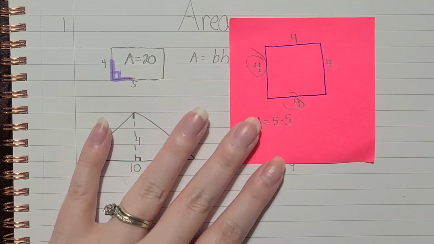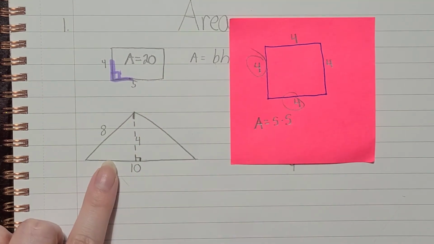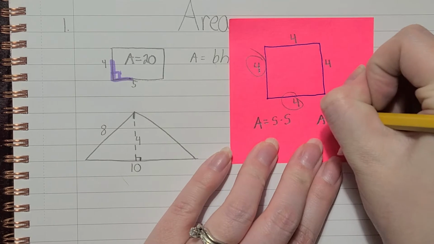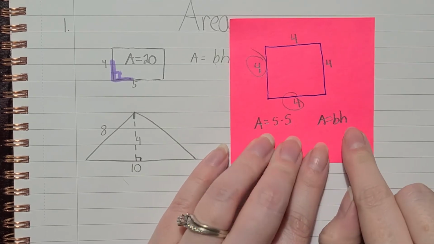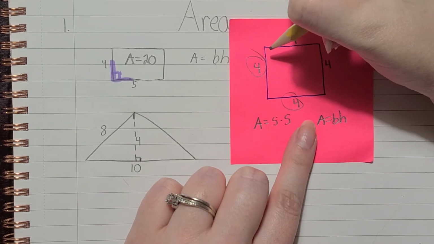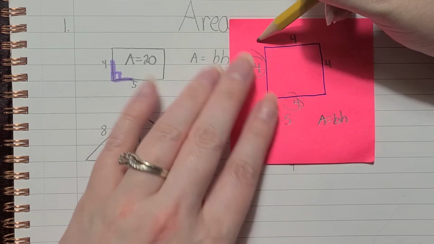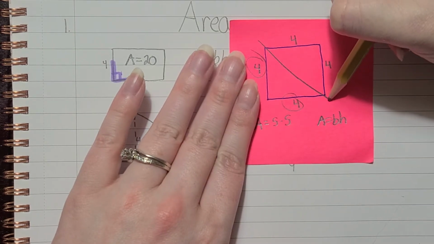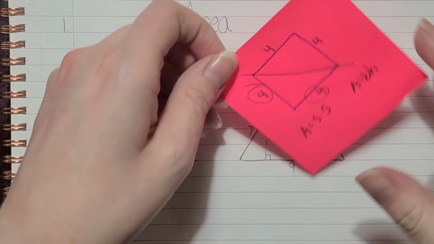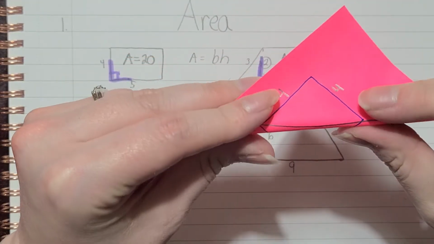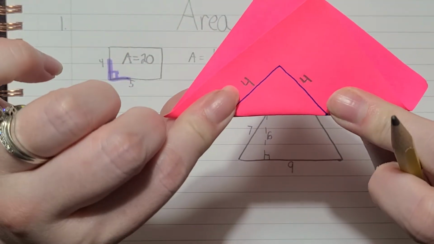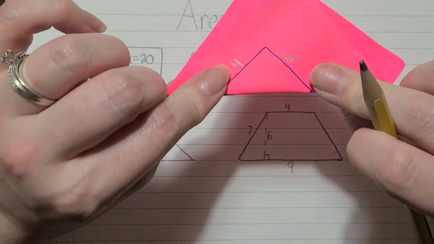Okay. The other thing that I wanted to talk about was, because we're going from area equals base times height for a square, to find a triangle, to make a triangle out of that square, I need to cut it in half, okay? If I cut this square in half, I now have a triangle, okay?